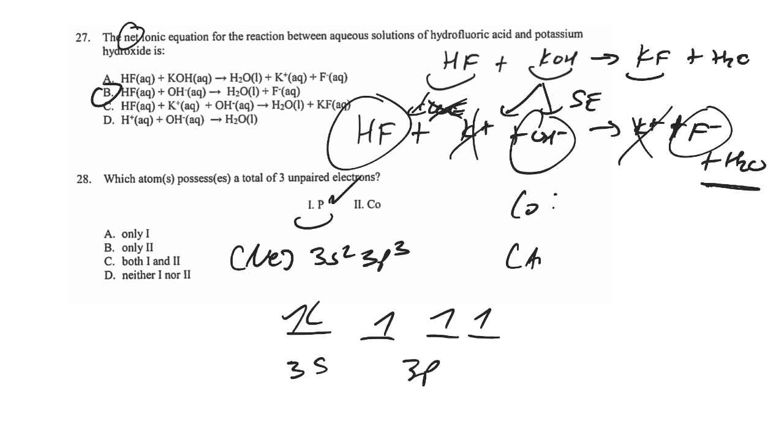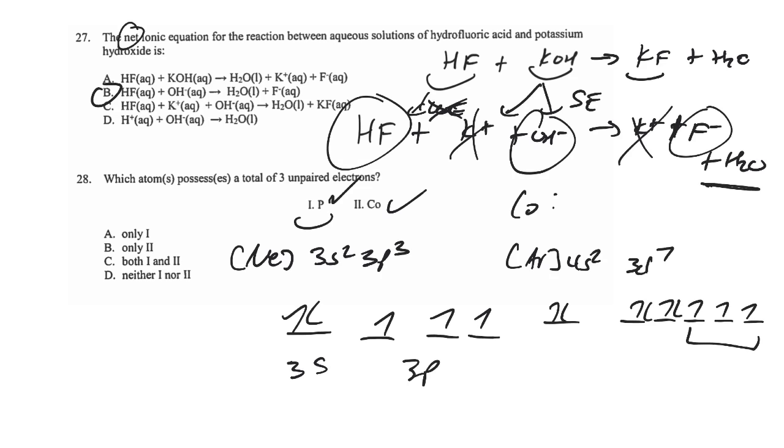Cobalt has an argon 4s2 3d7 configuration. It's the 7th transition metal over, right next to iron. So 4s, 2 electrons, and then the d block gets 1, 2, 3, 4, 5, 6, 7. So we have a net 3 unpaired electrons for cobalt as well. Okay, so both of them have a total of 3 unpaired electrons.